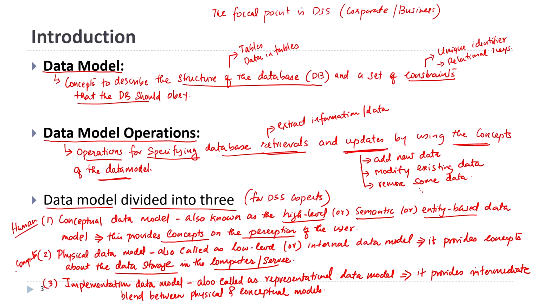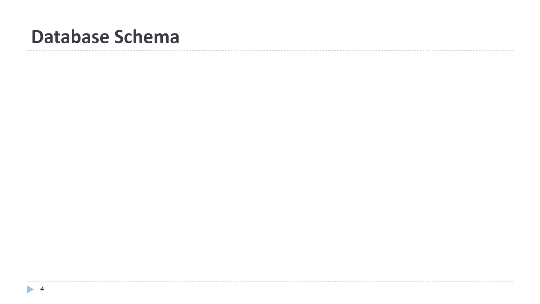The implementation data model actually translates between them. For this human to computer translation, it is the intermediary, providing ways to translate between the physical and conceptual model. Hopefully, this is clear. So, we move to the second concept, what we call the database schema.